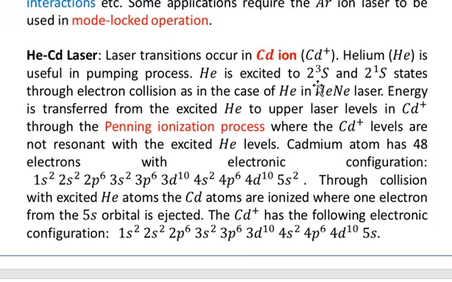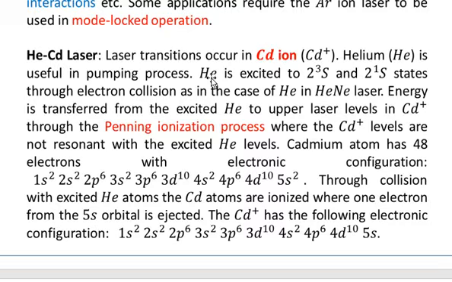Helium is excited to the 2 3s and 2 1s states through electron collisions, as in the case of helium in the helium neon laser. So helium in the helium cadmium laser works in the same way as helium in the helium neon laser.